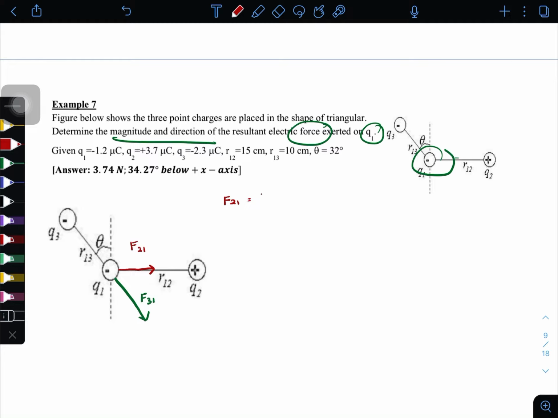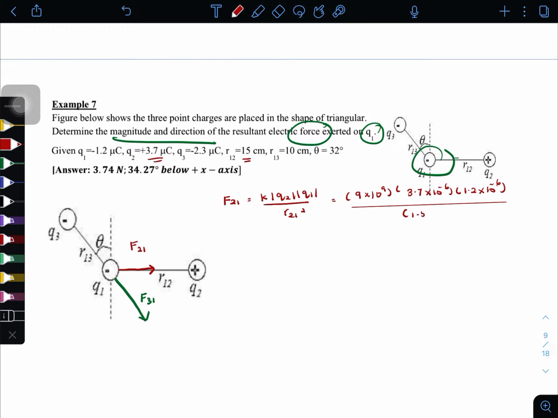Alright, so what we should do next is find the value for F21 by using Coulomb's equation. F21 is equals to K Q2 Q1 over R21 square. So substitute the values: 9 exponent 9, Q2 is given here positive 3.7 mu exponent negative 6, and Q1 is 1.2 exponent negative 6, divided by the distance between 1 and 2, also given here, 15 centimeter, must be converted into meter.